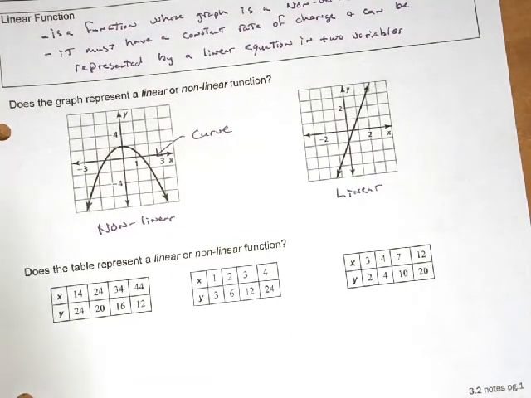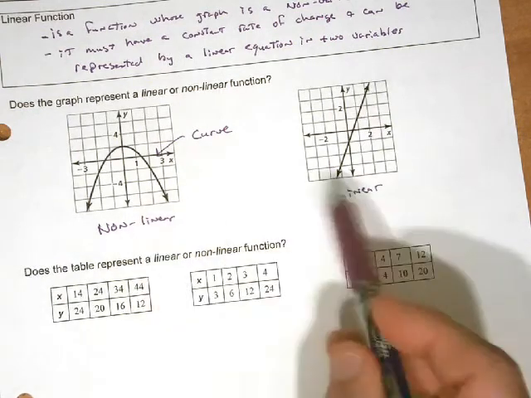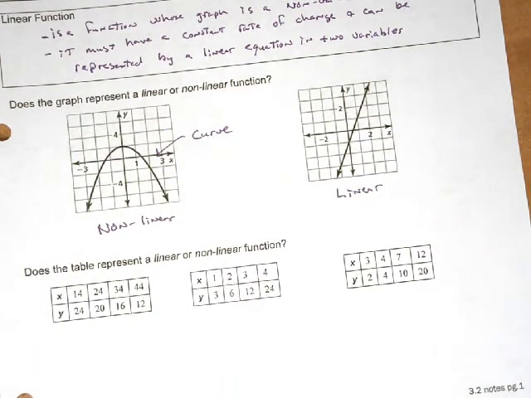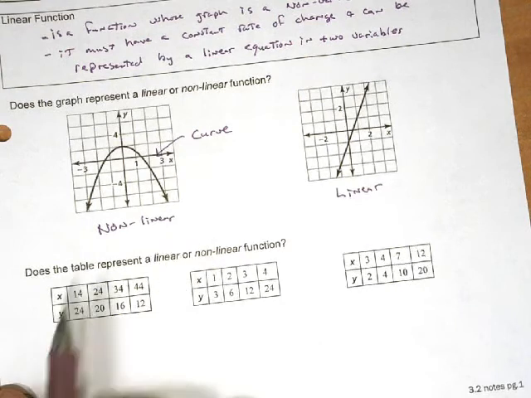Moving on. So that's just looking at graphs. Second part, using tables to represent either a linear or a non-linear function. Based off our definition, yes, we could transfer all this to a graph and plot those points and look at it visually. But if we don't want to take the time to do that, here is your second choice.